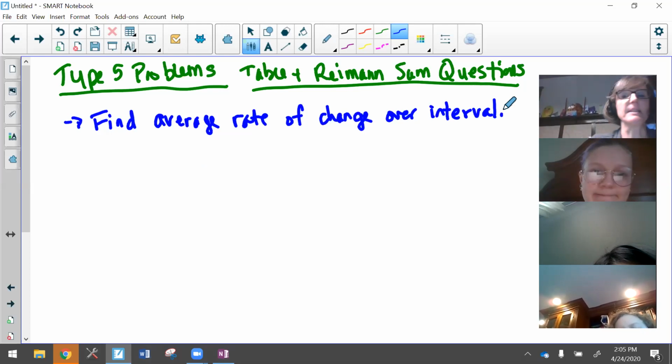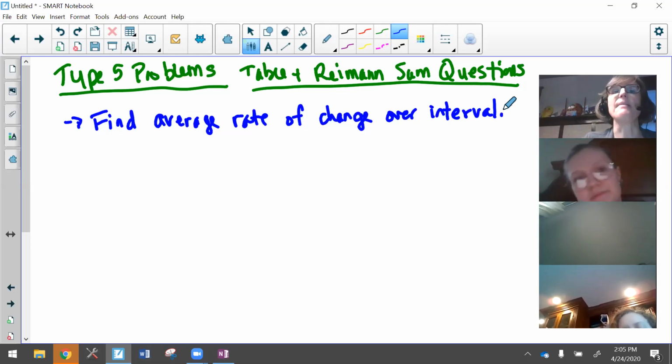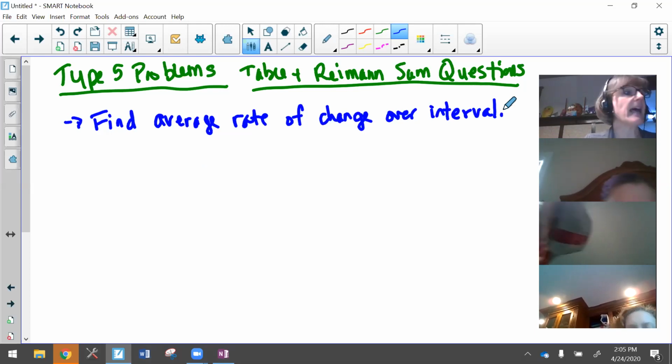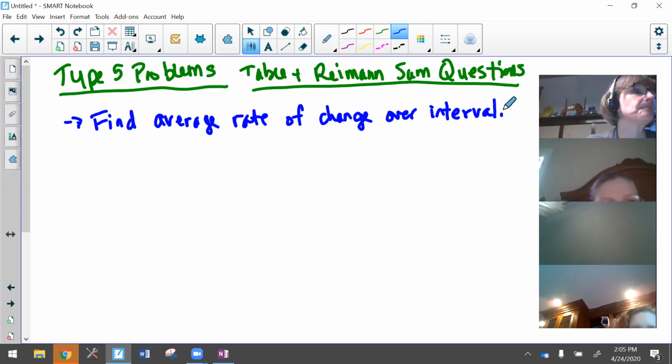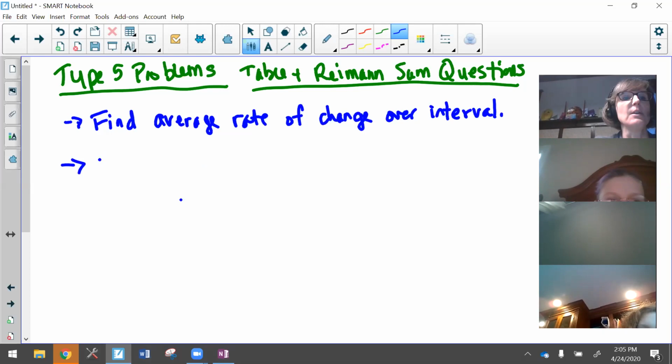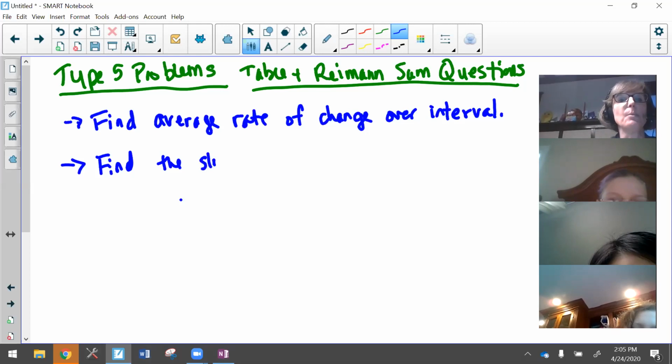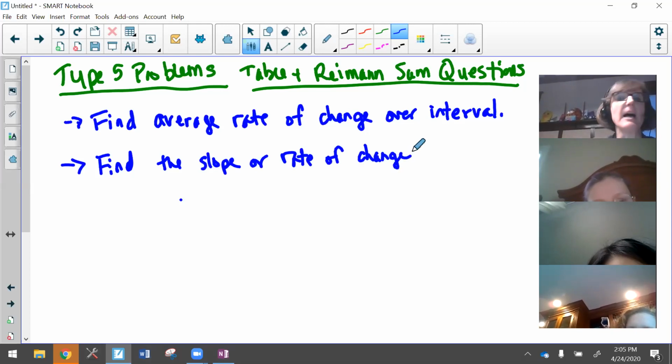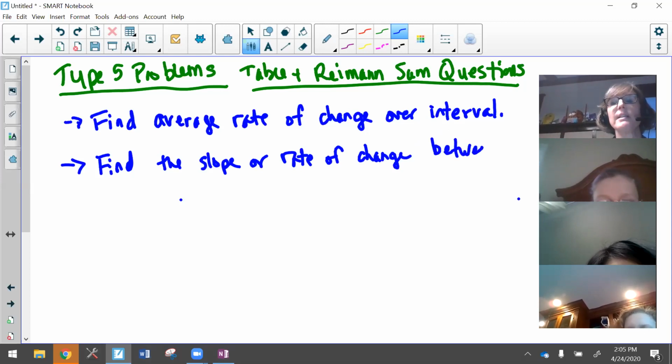So you'll probably have a table of values, and maybe you're supposed to figure out what the average rate of change is between 3 and 5. And that's just taking delta F over delta X. You might be asked to find the slope, or again, the rate of change between two adjacent table entries.